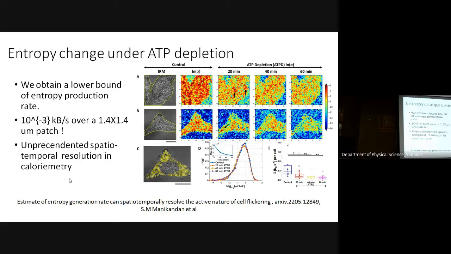So the resolution by which we can calculate the activity here is something like a 1.4 by 1.4 micrometer patch. And one such patch generates something like 10 to the minus 3 Boltzmann constant k_B per second for this normal cell. Okay. So this is the lower bound of entropy production rate that we obtain, and I will spend a little bit of time telling you why it's a lower bound.